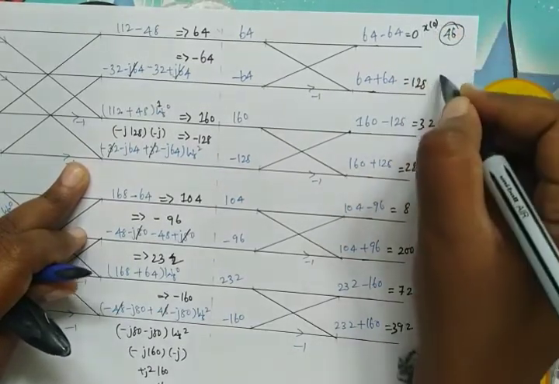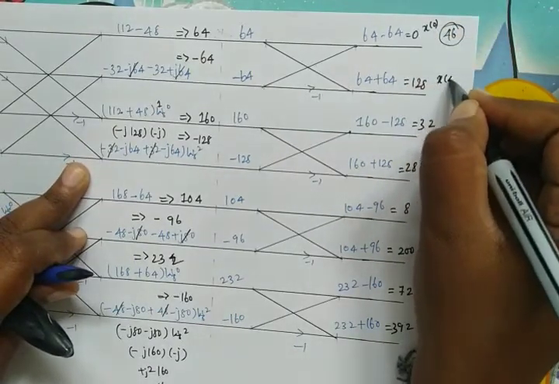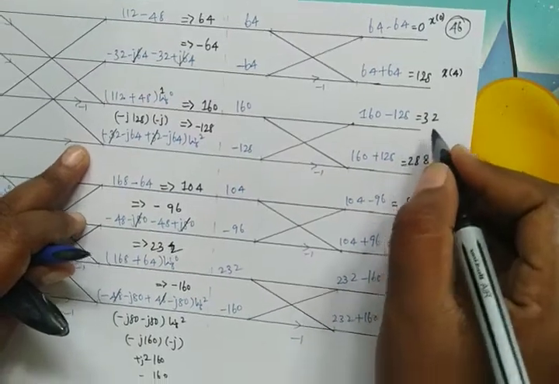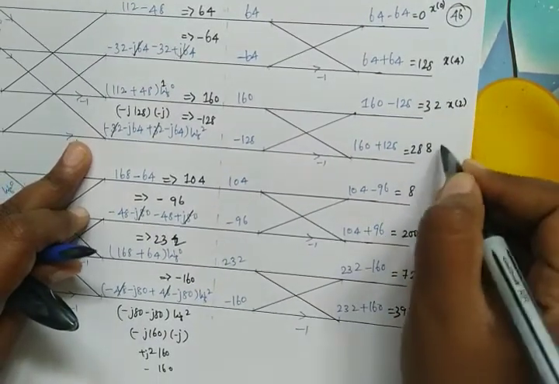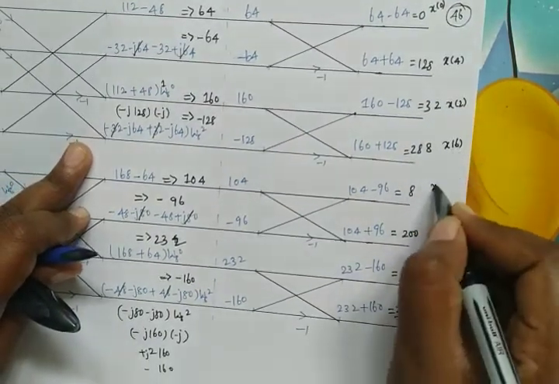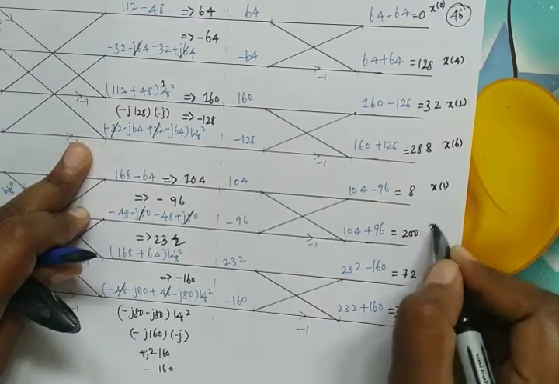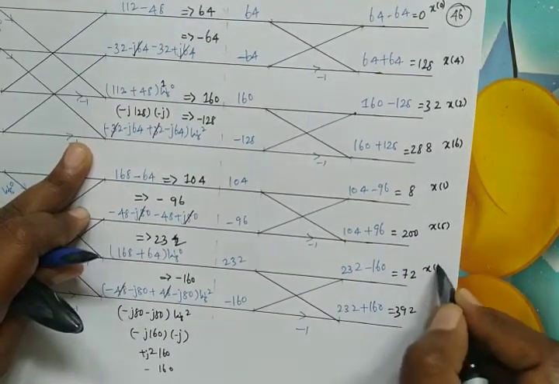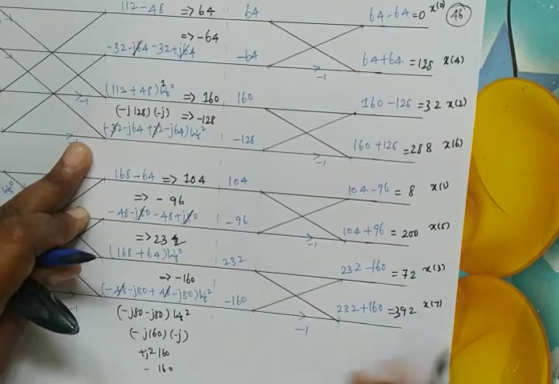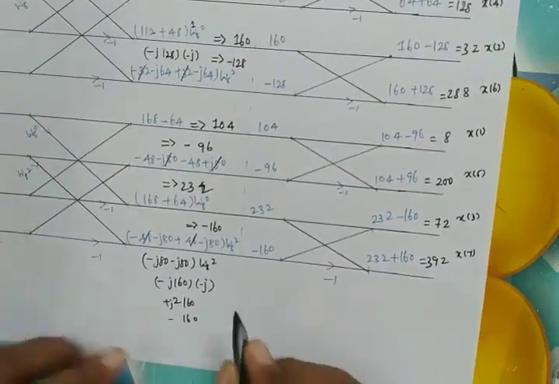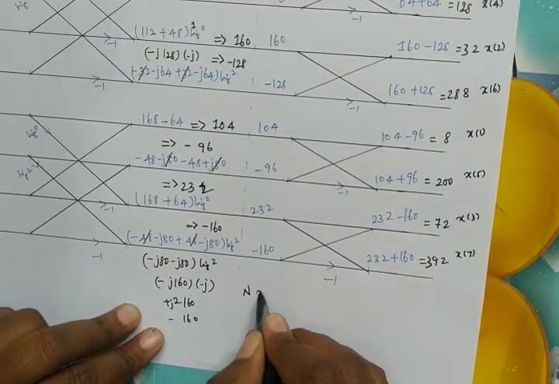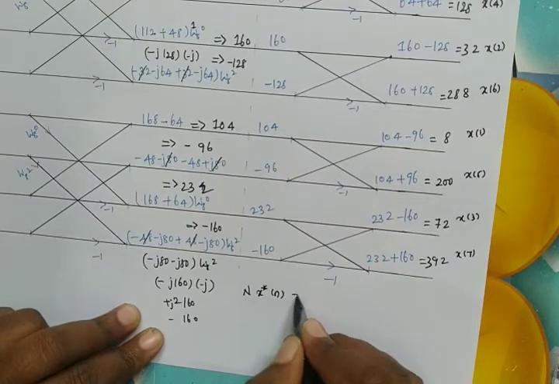X of 0, x of 4, x of 2, x of 6, x of 1, x of 5, x of 3, x of 7. Now let us write the final answer, that is the complex conjugate of X(n).